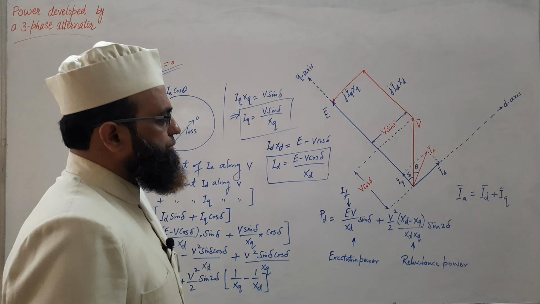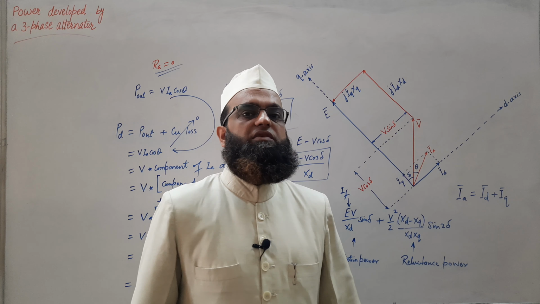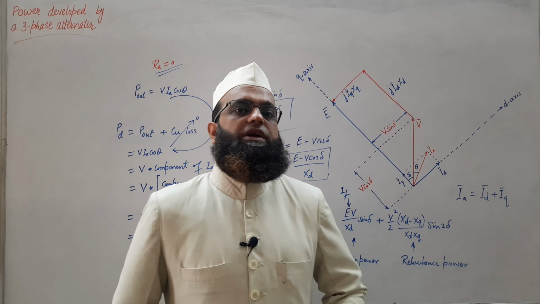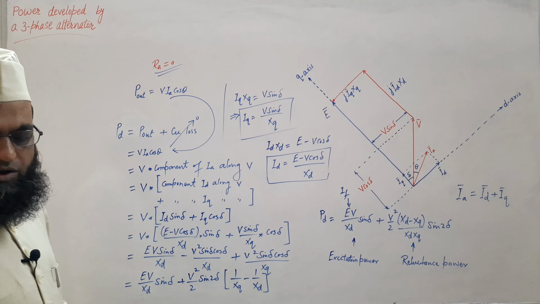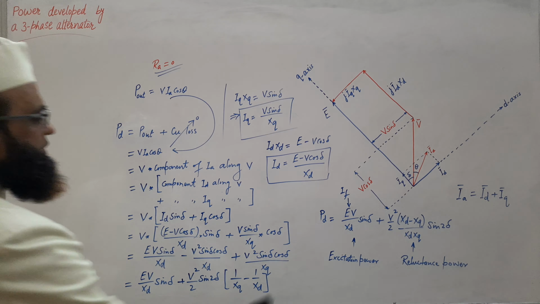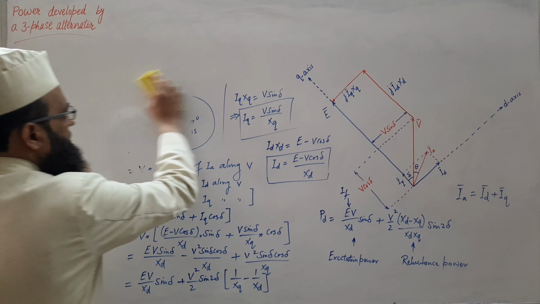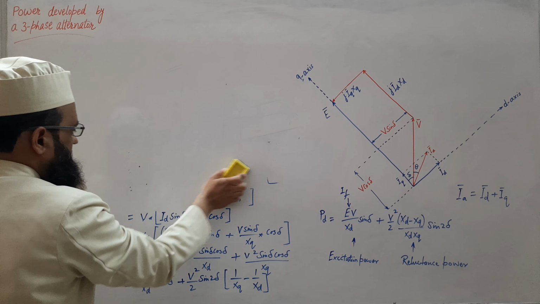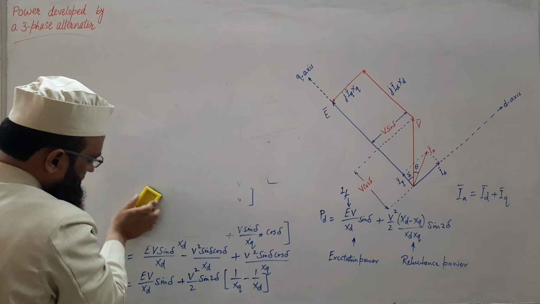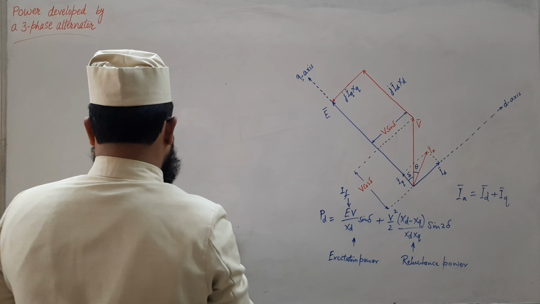If we equate these two quantities, that is the case of a cylindrical rotor machine, then this part will vanish. We will discuss that later. Before that, if we want to plot this PD against load angle, just by looking at the expression we can draw it like this.